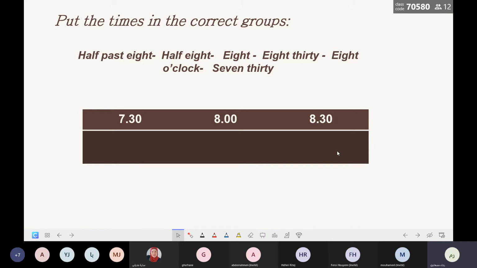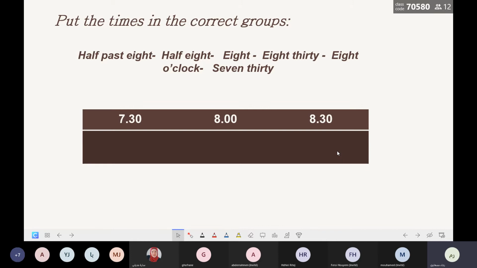For example, if I say 5:30, I can say half past 5 or 5:30. You see, you have different possibilities to tell the time. So similarly here, you try to put them under the suitable heading.